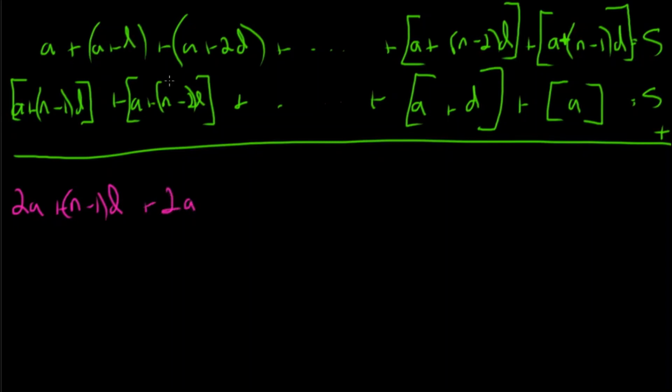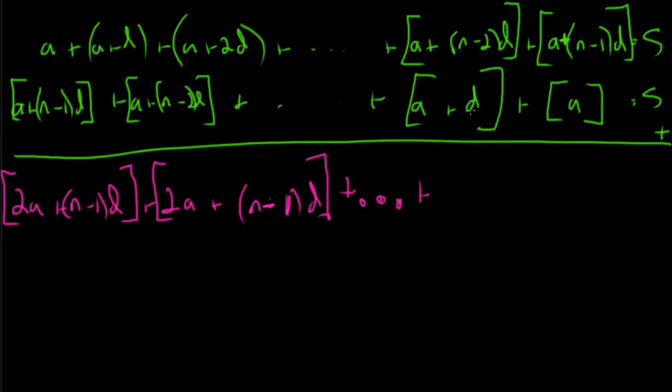What's D plus n minus 2 D? Well, I'm going to have D n's, but I'm going to have negative 2 D's here and 1 D here, so negative 1 D's in total. So my first term, 2A plus n minus 1 D. My second term, 2A plus n minus 1 D. That's what I anticipated. I have the same term appearing multiple times.